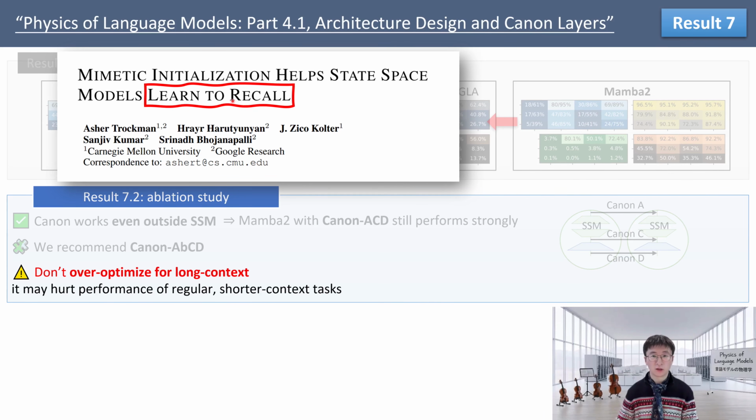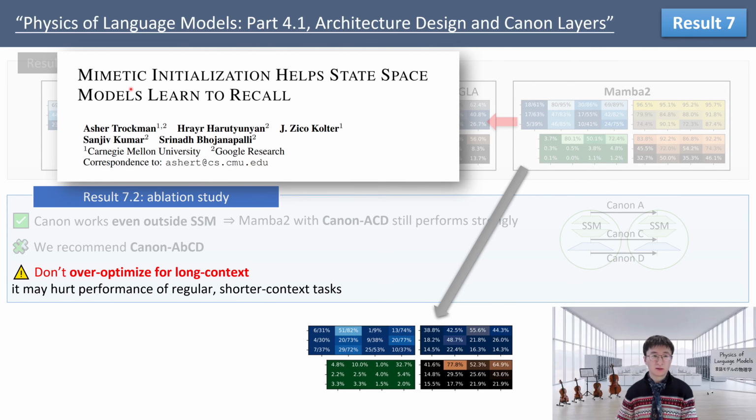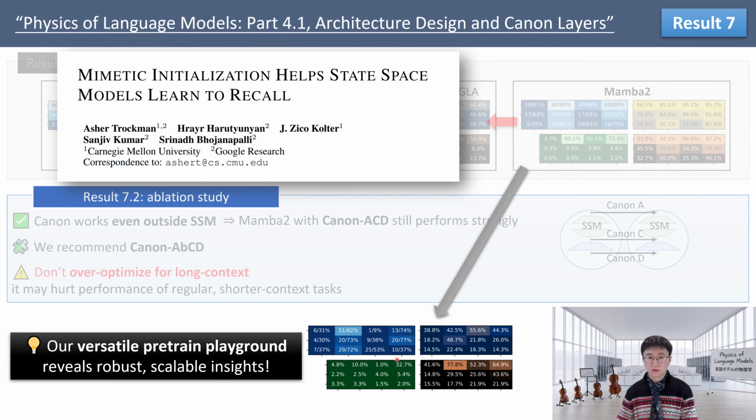So you can train the model on a short context and it generalizes to long context. Very nice result. But unfortunately, we discovered that if you use the mimetic initialization, it hurts your performance on short context reasoning.